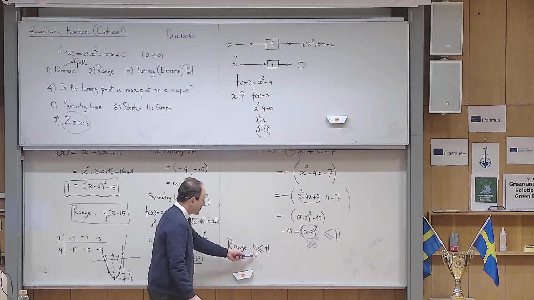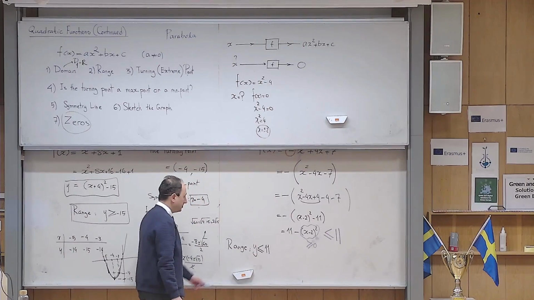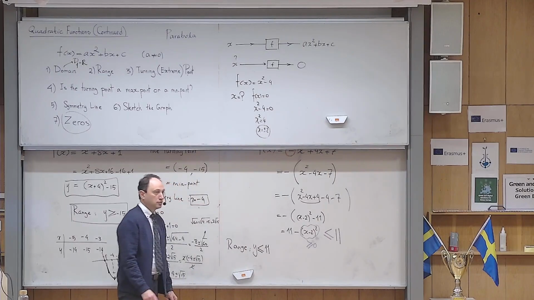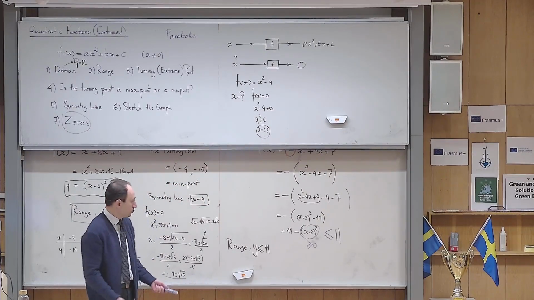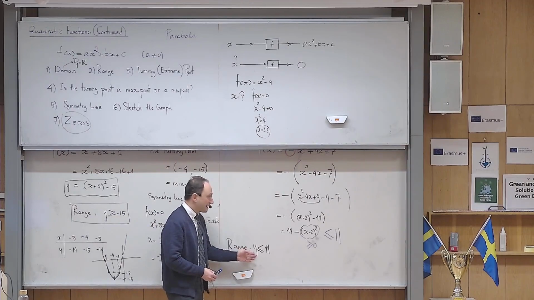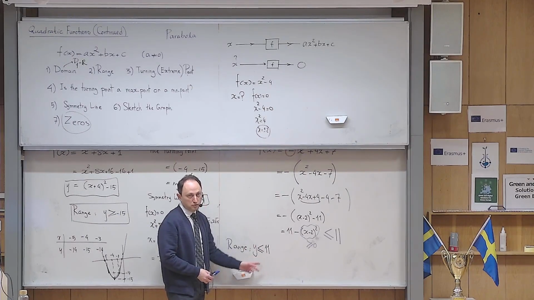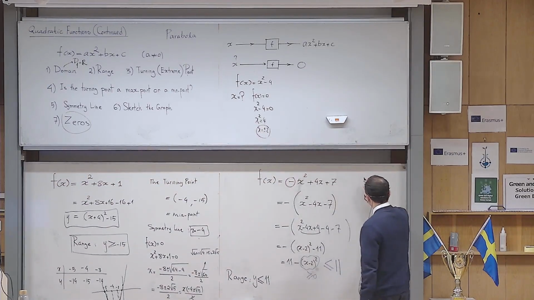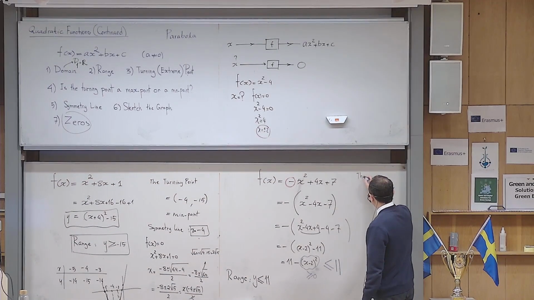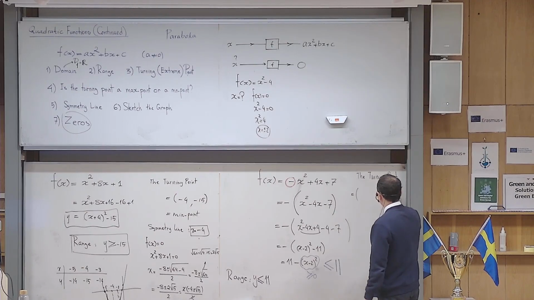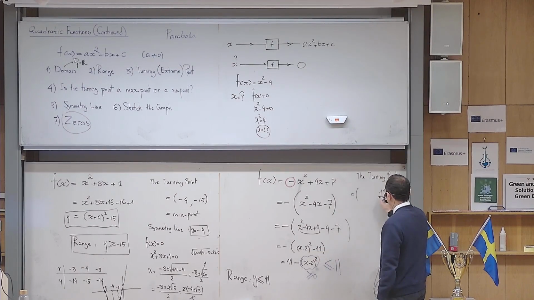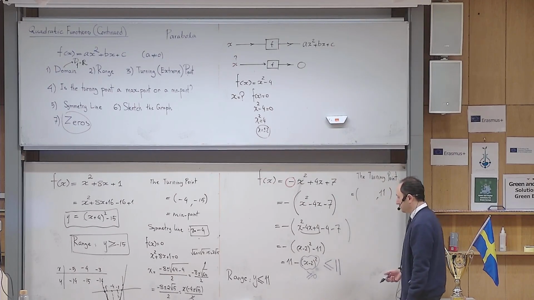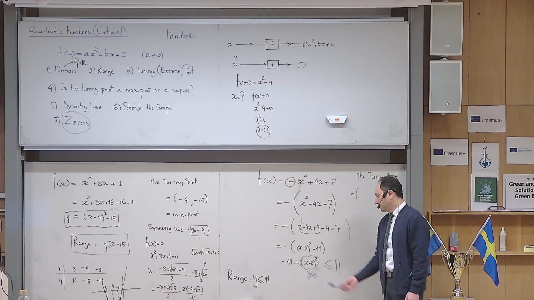If y is less than or equal to 11, is 11 a maximum value or minimum value? Maximum, because you are telling y is at most 11. So this is the maximum point. Okay? So then you would say the turning point, which is the extreme point, has y value 11 again.